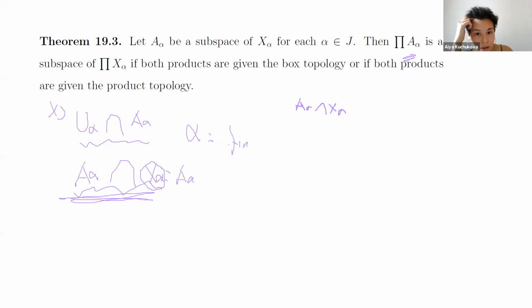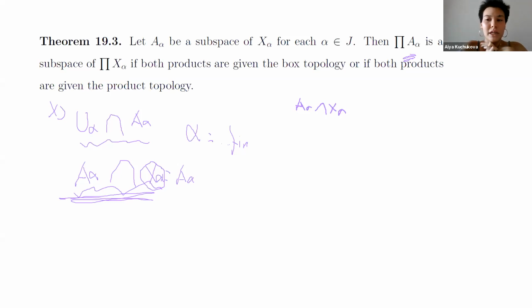Okay. Well, then I kind of have a question. Basically, A alpha is a subspace of X alpha because A alpha is just X alpha intersect some open set, right? Yes. And then you're saying that the cross product of A alphas is a subspace of the cross product of X alphas, right?